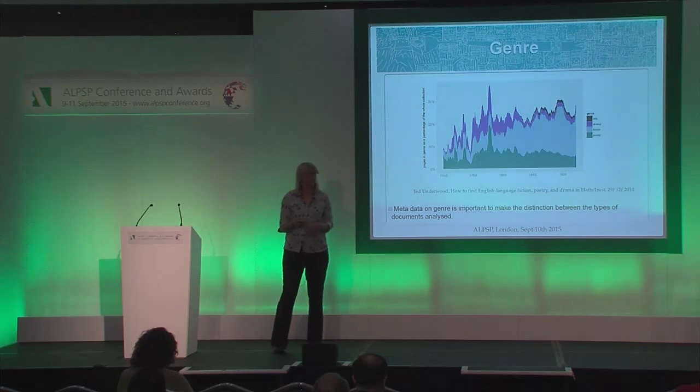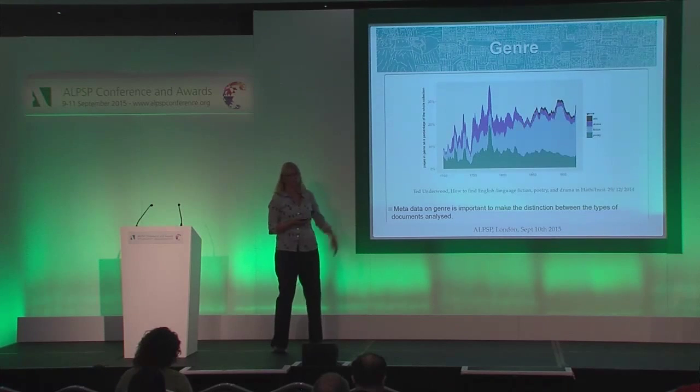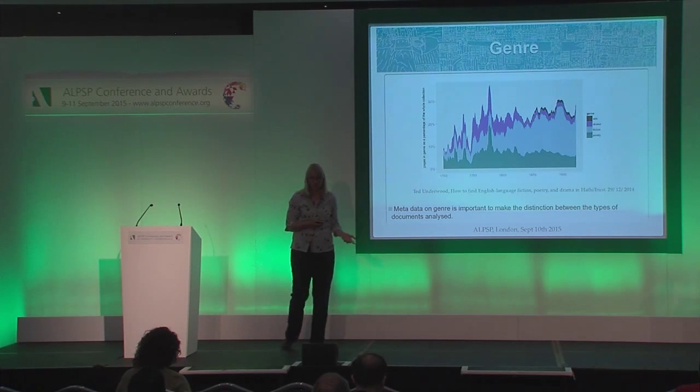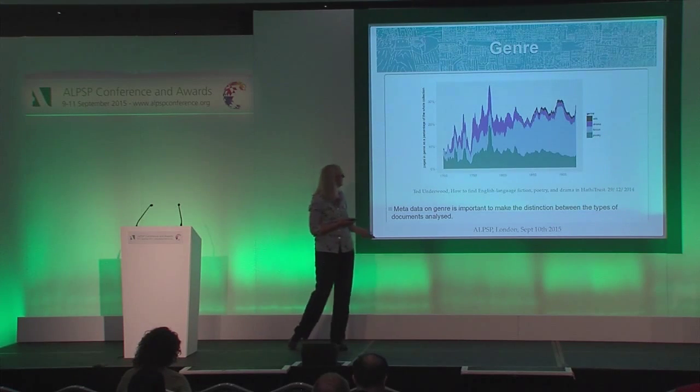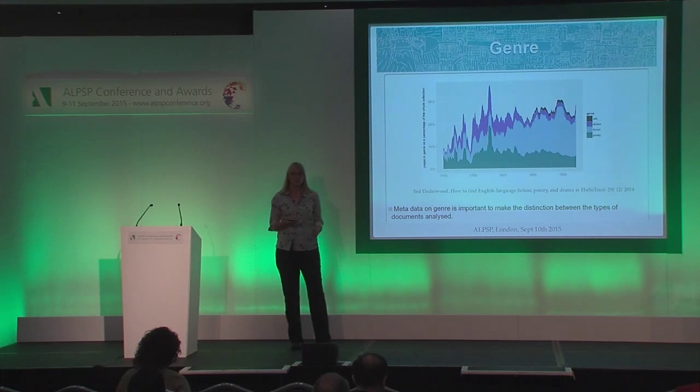For example, here he has a graph of 4 different types, like ads, drama, poetry, and fiction. So knowing this kind of information is obviously really useful, and he published a method of how to do that automatically at the beginning of this year, and having been able to use this at the start of the project would really have helped, because the curators said one of the difficult things in the automatic retrieval really was to distinguish between genre.